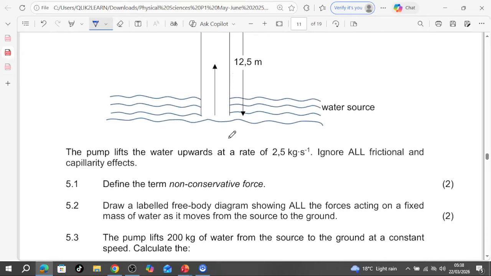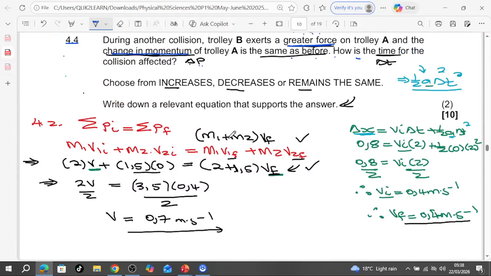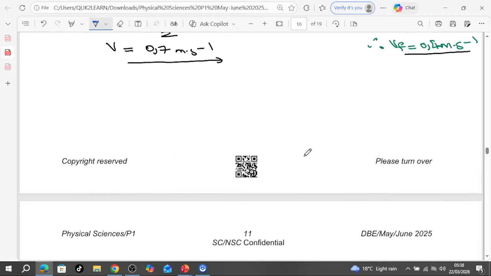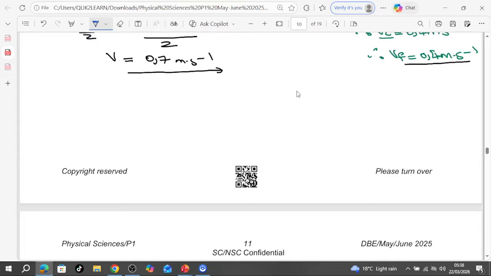Okay, I have my F net times delta T, which equals the change in P. Therefore, let's make F net the subject of the formula.